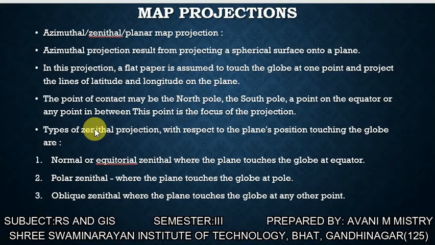Normal or equatorial zenithal, where the plane touches the globe at the equator. Then polar zenithal, where the plane touches the globe at the pole. Oblique zenithal, where the plane touches the globe at any other point.